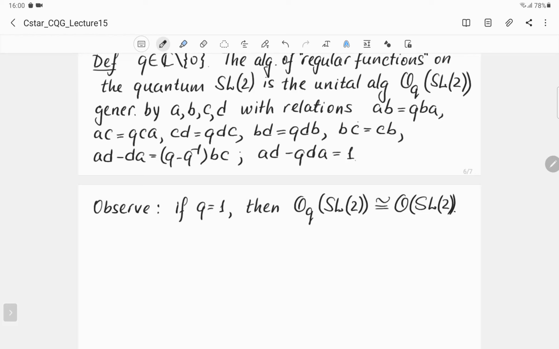Because in this case, all these relations mean exactly that A, B, C, and D commute, and that the determinant is 1. I'll explain in a few minutes where these strange relations come from.